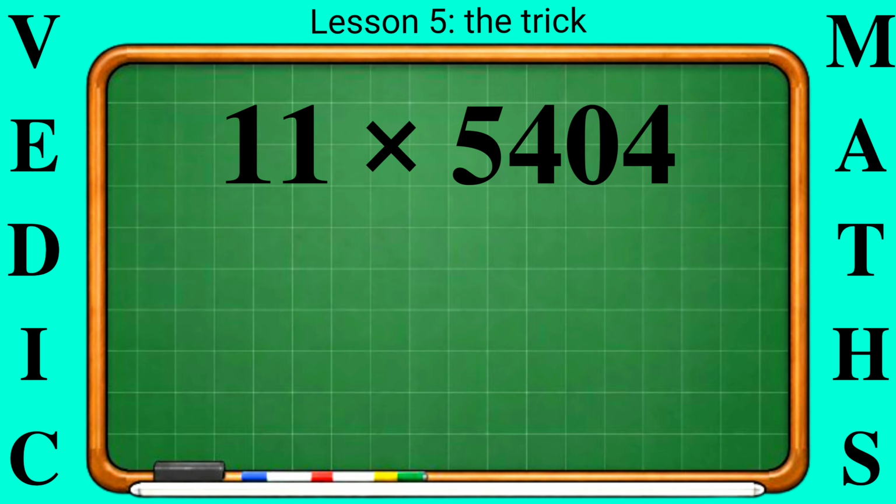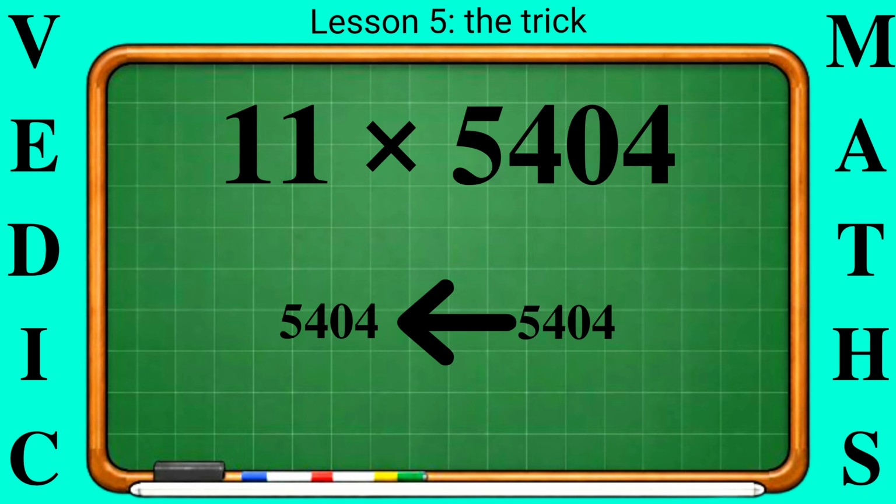Remember, in Vedic Maths Lessons 3 and 4, we learned to multiply 11 by any three-digit number. In that, we ignored the middle digit. Here also, we shall ignore both the middle digits, leaving us two digits.